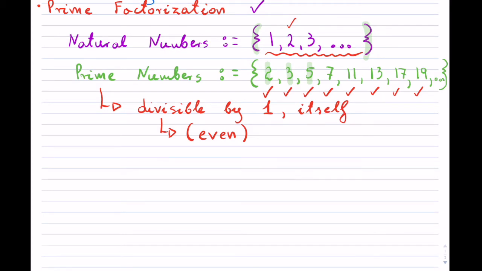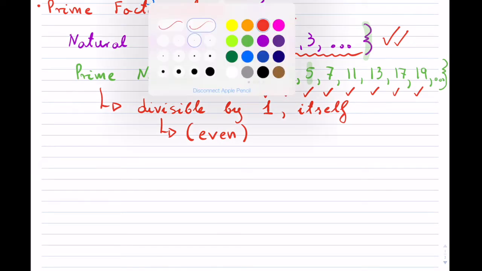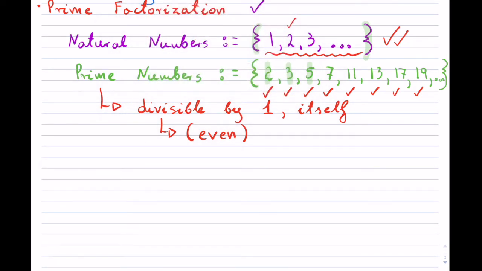Now, if you look at the set of natural numbers above, clearly we have skipped some numbers. So for instance, let us take a look. Which ones did we skip? Well, we skipped 1 by definition, but then the next one is the number 4. Now 4 was not prime because 2 would go into 4 evenly 2 times.